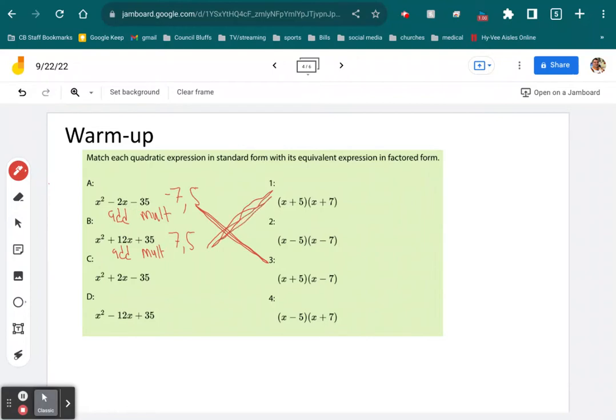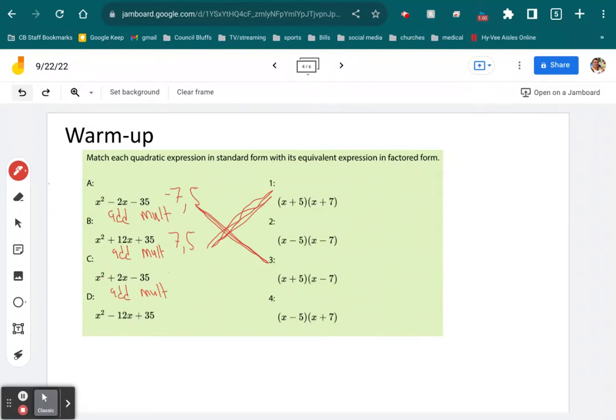Okay. C. So now we're looking for two numbers that add up to 2 and multiply to -35. Because of this, I'm going to need a positive and a negative. And because the sum is positive, I need the quote-unquote bigger number to be positive.